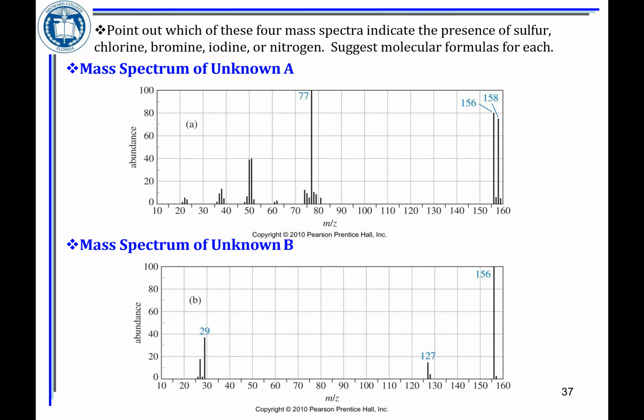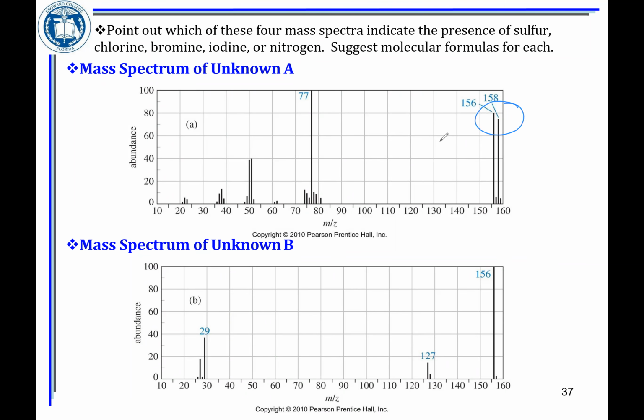For compound A and compound B, what do you expect? At least tell me if you have chlorine or bromine for compound A, based on the isotopic ratio. Compound A contains chlorine or bromine? Bromine, because you have a 1-to-1 ratio.